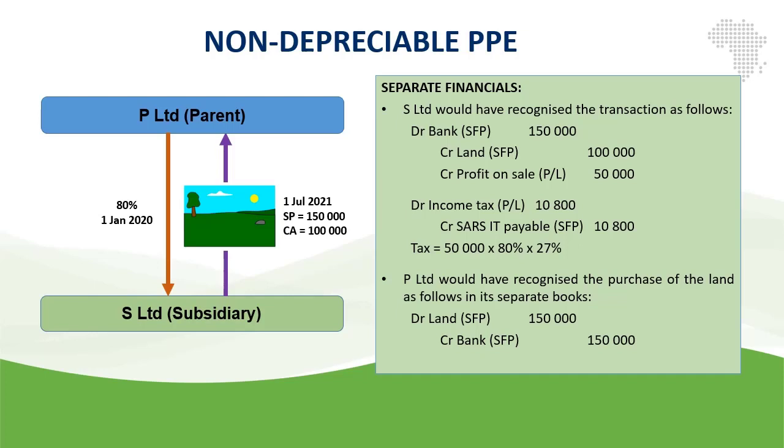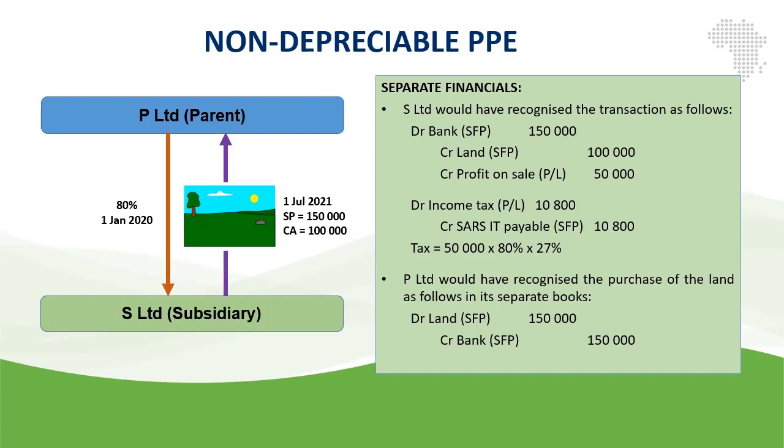In addition, because S Limited made a profit of 50,000, they need to account for the tax on that profit, and they had to debit income tax with 10,800 and credit SARS income tax payable with 10,800. Because this is a capital gain item, we apply the inclusion rate of 80% to arrive at that 10,800.